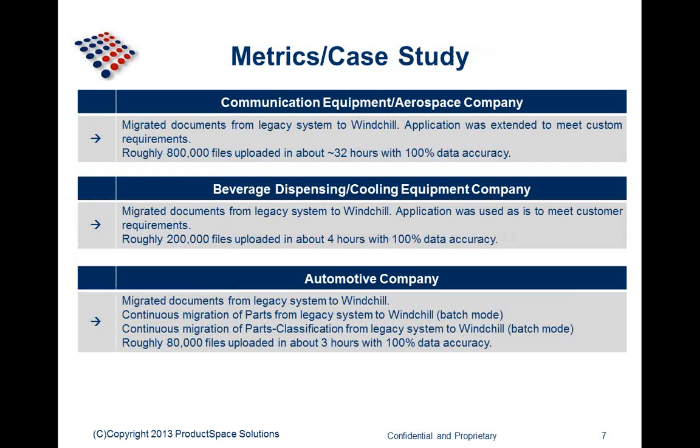So quickly moving on to the next slide. Here we talk about some metrics and some case studies. In the first case, a communication equipment and aerospace company wanted to migrate documents from a legacy system to Windchill. They wanted to shut down their legacy system. So the data migrator was extended to meet the customer requirements. They had some custom requirements such as zipping files, providing secondary attachments, and also publishing.